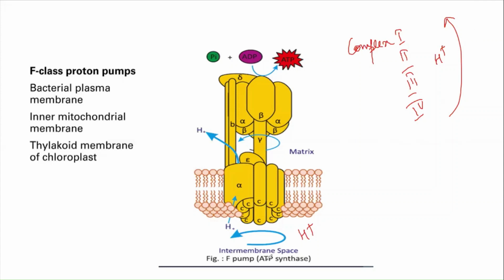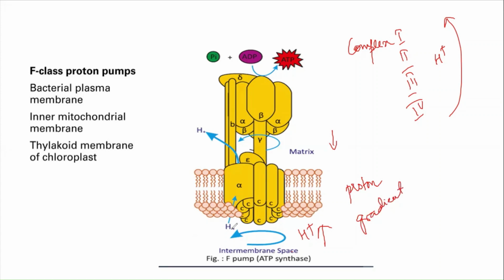So you have a high concentration of H+ in the intermembrane space and low in the matrix, so a proton gradient has formed, correct?